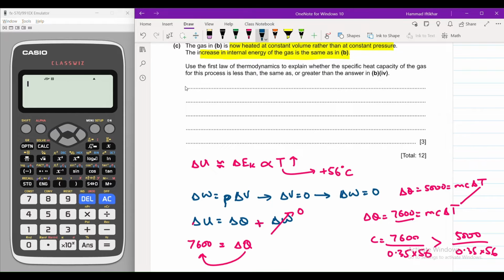Okay, so since there is no change in volume, there is no work done on or by the gas.